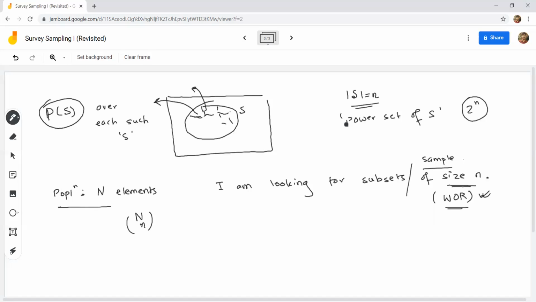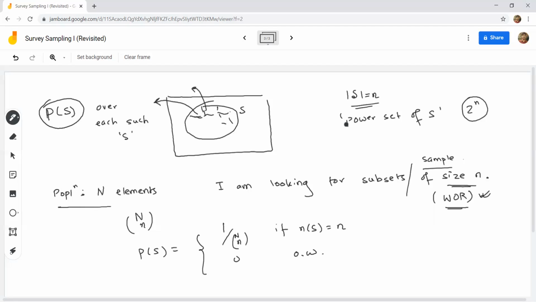So what is your PS here in this case? The PS in this case is 1 by NCn if my sample size is n and 0 otherwise. Okay, so now you can understand. Say you have a population of N elements and you are looking for subsets of size n.